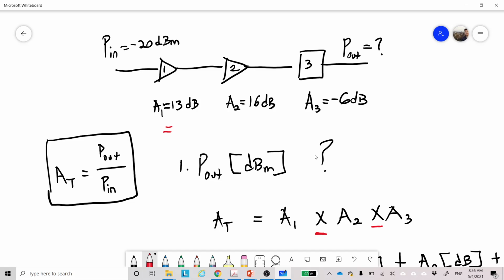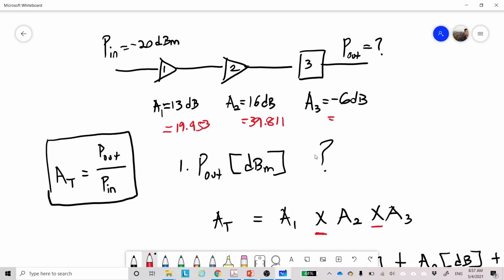So this is 19.953, and this one is anti-log 1.6, which is 39.81.